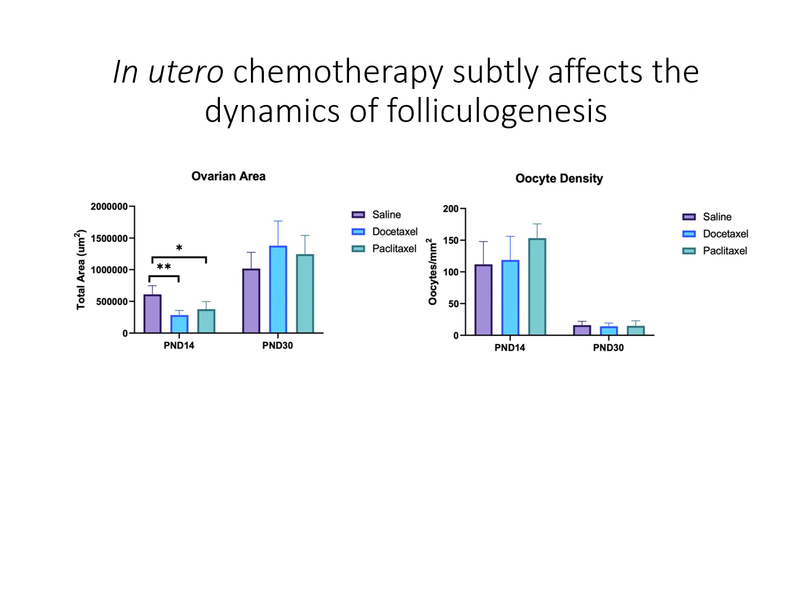So here again, we're comparing that pre-sexual maturity or pre-pubertal time point at postnatal day 14 to the post-sexual maturity or sexually mature animals at postnatal day 30. And at the time of sexual maturity, we don't see any obvious effects on oocyte density as well.